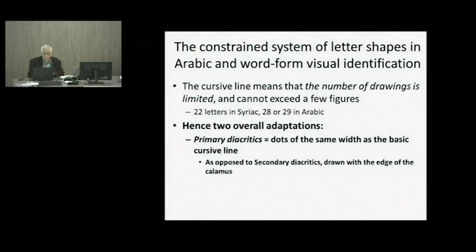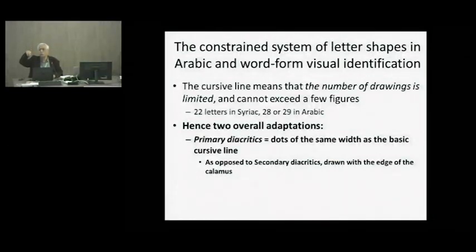First is dots. Dots of the same width as the basic cursive line. I referred to vowels. These are written with the sharp part of the pen. This is with the wide part of the pen, dots.